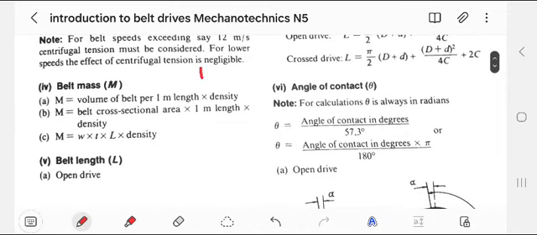if your speed is less than 10 meters per second, the effect of centrifugal tension is negligible, unless the question says to consider TC. If it's given, consider centrifugal force. Logically, we're supposed to neglect it if the velocity is less than 10 meters per second.